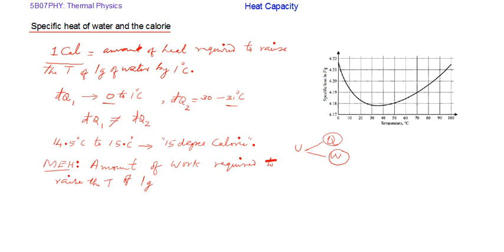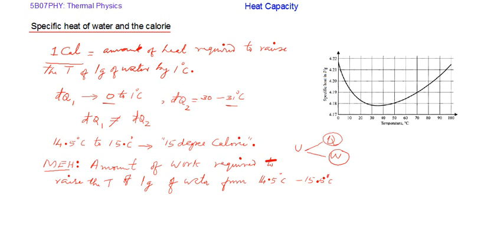Accordingly, there will be a change in the numerical value. Raise the temperature of 1 gram of water by 1 degree Celsius itself, but we will be defining it precisely. This is the way in which it was defined: they adopted a temperature range 14.5 degrees Celsius to 15.5 degrees Celsius. That's an arbitrary range, but it was adopted historically.